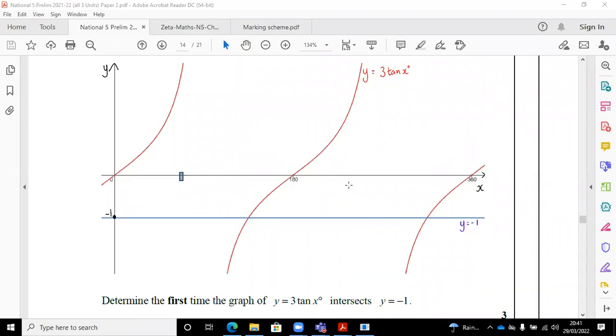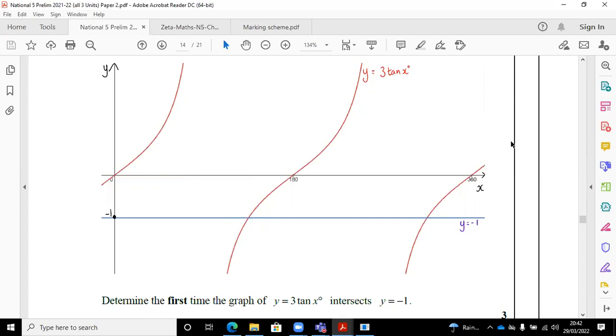Did I lose anyone? Determining where lines intersect is a big one. It can come up in a straight line, it can come up in simultaneous equations, which it did in the past in the non-calc.